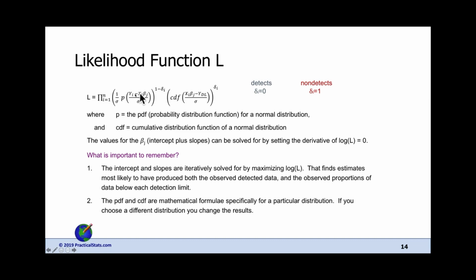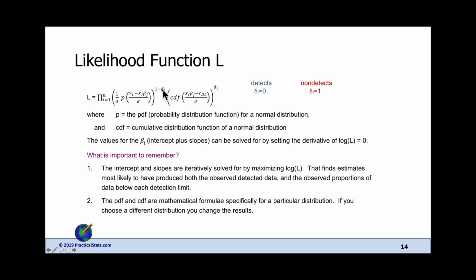And so this is a measure of how close we come to predicting the value of y. This would be the section in here, this first section, for the detected values. On the other side here, on the right side, we've got xi beta j again. So this is the slope times the x value for our x variables, and then how close that is to the detection limit of y. So that's the matching part of this.